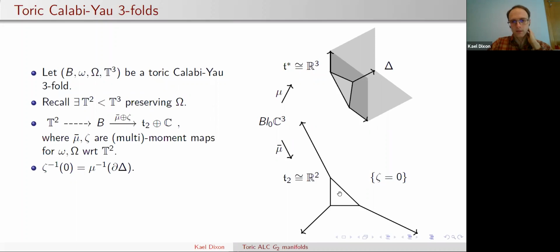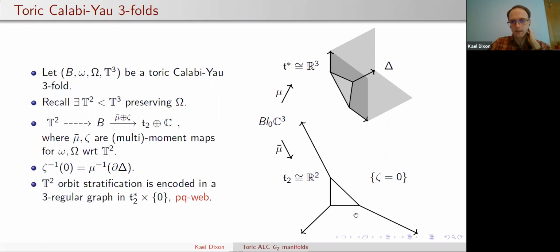This again encodes the orbit stratification. These have been studied in the physics literature, and they're called PQ webs there. So I think that's a reasonable thing to call them here as well.